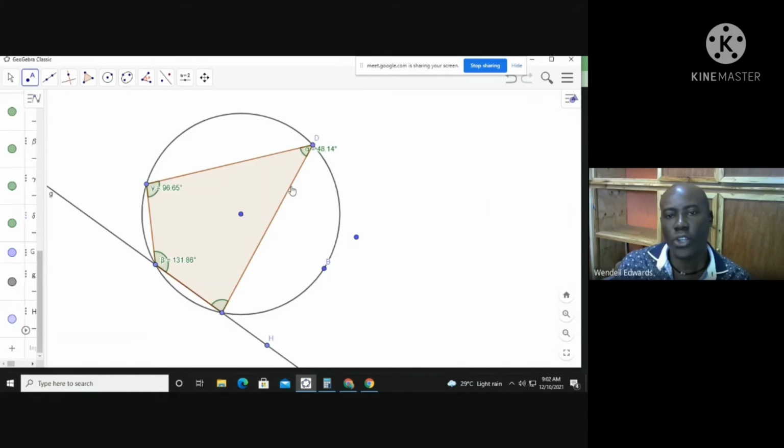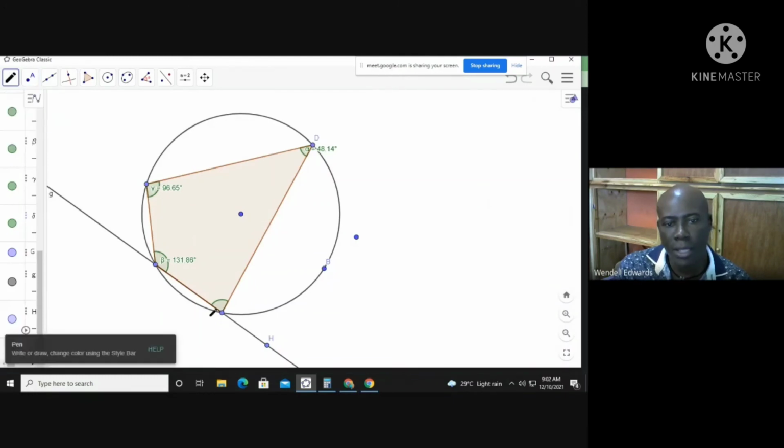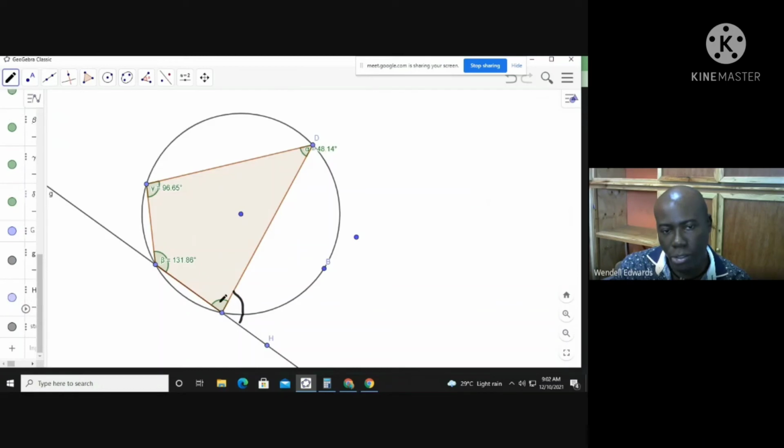This angle out here, let me mark it quickly. This angle here is an external angle. So it's the exterior angle here, interior angle here. A straight line helps us to understand that this angle here is the exterior angle to this quadrilateral, and this angle here is an internal angle.